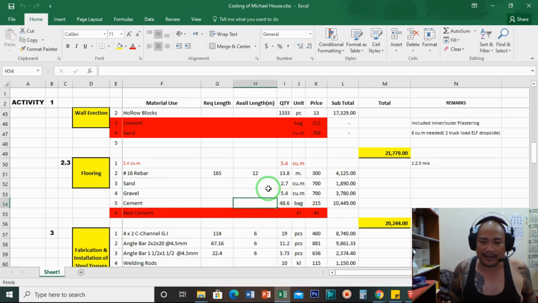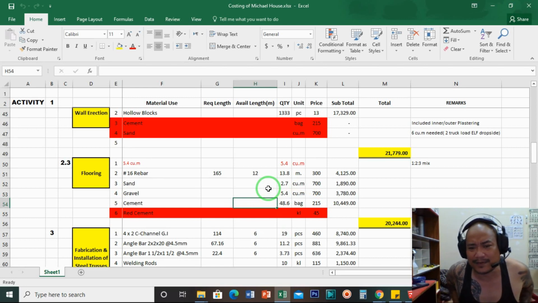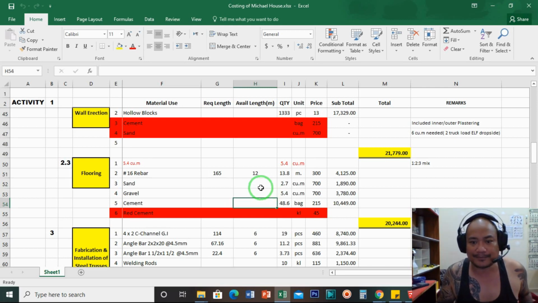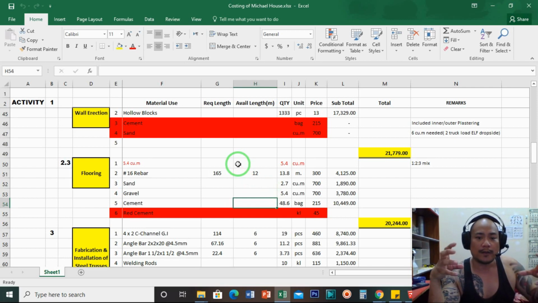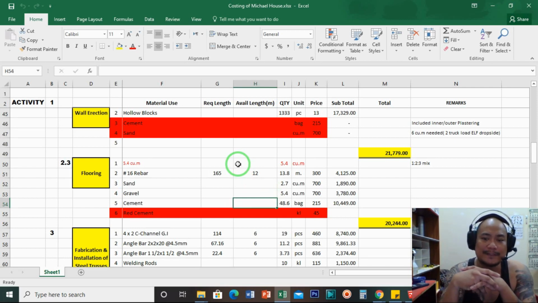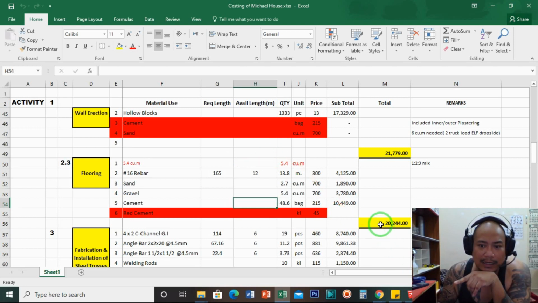And red cement, which is 45 per kilo. Maybe I just need 2 bags for that one, just to put as a topping for my flooring, because as I said, we are not using tiles to minimize the expenses of this project. So for flooring alone, I total of 20,244.